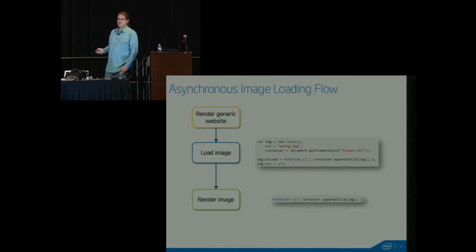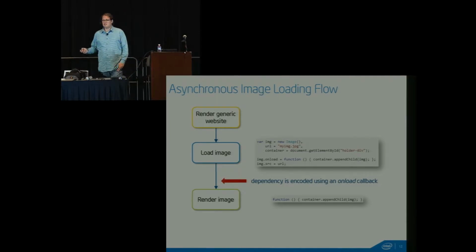This will trigger the loading of the image. Eventually, that image will have loaded, and you will call the callback to actually render the image. Right? So you can see this as an asynchronous flow. This is how your execution flows. And you encode this dependency between loading the image and actually rendering the image by using your callback. Right? So this is just a graphical representation of this code.